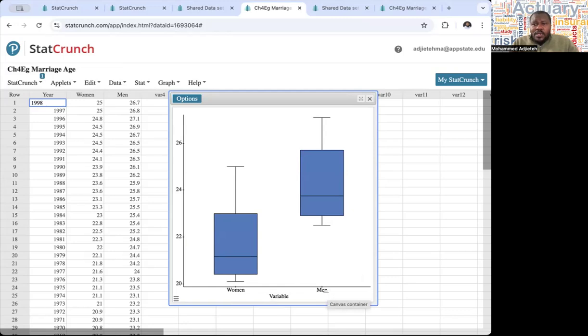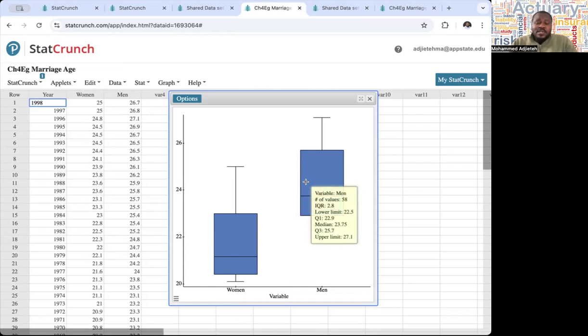From here, we can also see that this data is slightly skewed for both men and women. How do we see that? Remember, this box here is the IQR. Now look at where the median is. The median is not exactly in the center. So we can see that the median is lower than the mean.